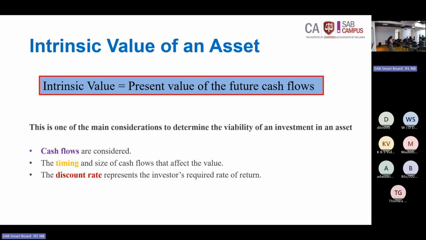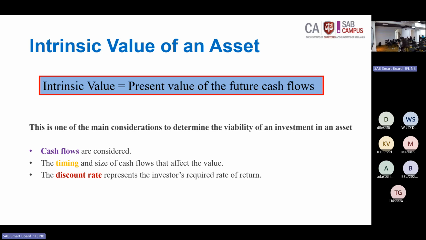So if we are going to value something, what's the value of the asset? It can be taken as the present value of the future cash flows from that asset. We call it the intrinsic value.